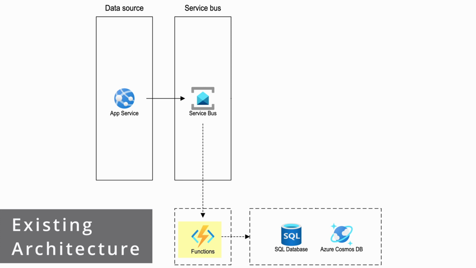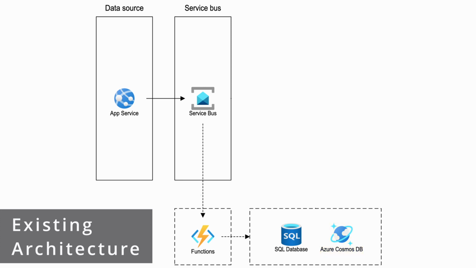It allows you to run code snippets in cloud triggered by events or requests. SQL Database is a fully managed SQL database that's built for the cloud. It provides automatic updates, provisioning, scaling, and backups. Azure Cosmos DB is a globally distributed multimodal database for applications of any scale.